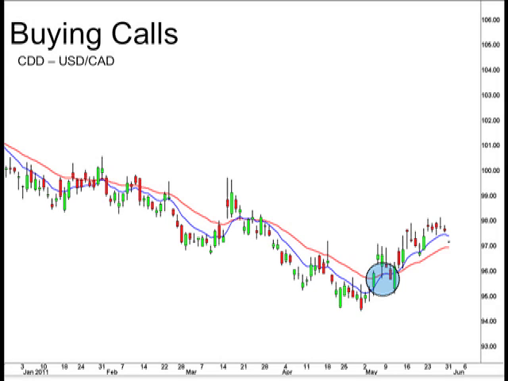We can see that blue was below red for the entire duration here, and very briefly crossed over, but for the most part, the red line was quite well respected. And then we saw a change here in the first or second week of May, that suggested to us that perhaps there was a new trend underway.